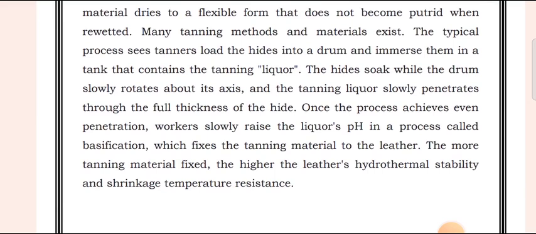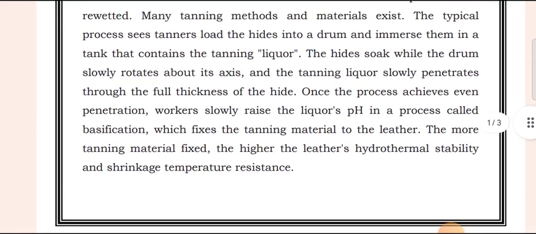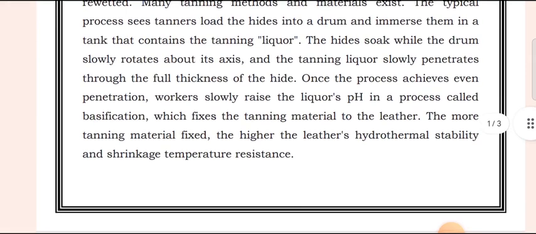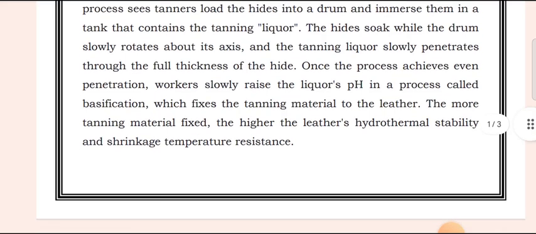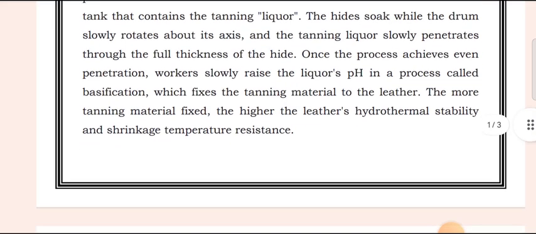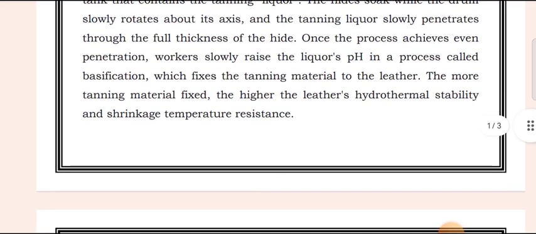The typical process sees tanners load the hides into a drum and immerse them in a tank that contains the tanning liquor. The hides soak while the drum slowly rotates about its axis and the tanning liquor slowly penetrates through the full thickness of the hide.